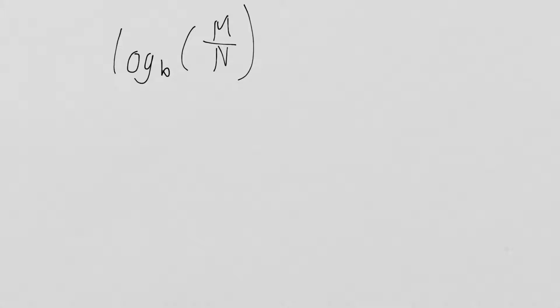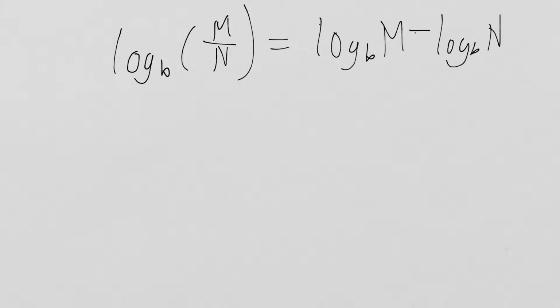So whatever's in the denominator becomes the subtractor, the thing you're subtracting. That's not a real term, by the way. Don't ever use that and think people are going to think you're a smart mathematician. So just ignore that part. But we get log base b of m minus log base b of n.